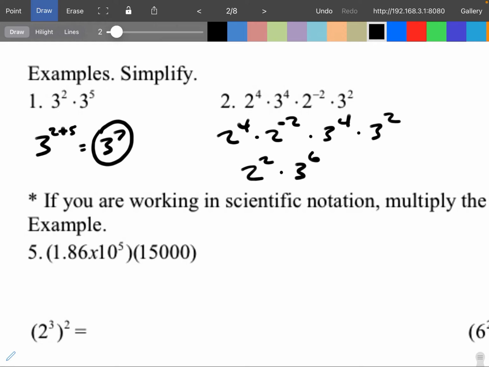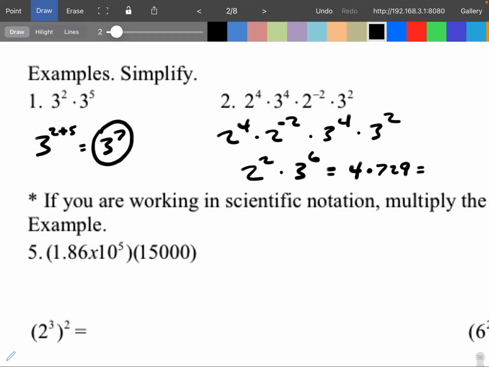Now, again, you could leave it like that. Or, what's 2 squared? 4. That's 4. 3 to the 6th, that's not one I have memorized, so I'd have to use the calculator. So 3 to the 6th would be 729. And so then you would get 729 times 4.